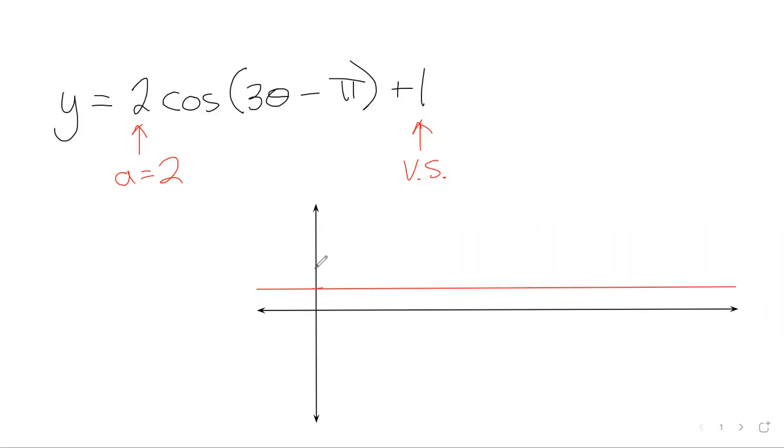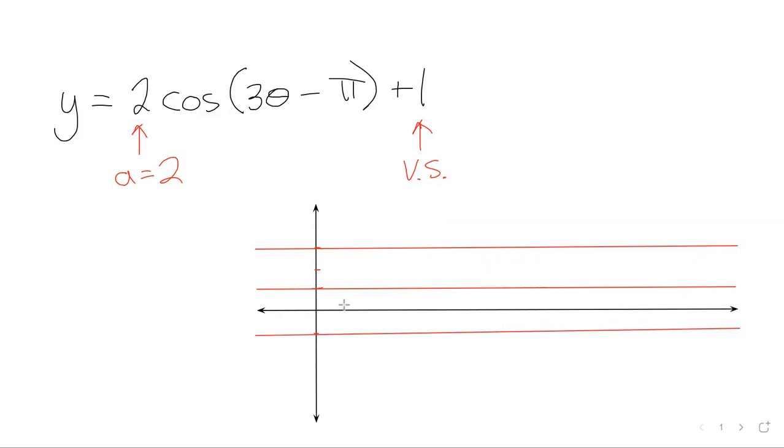From there, the graph is going to go up by 2 because that's the amplitude, and then down by 2. So I'm also going to put in amplitude lines in those spots to represent the highest and the lowest that this graph will go. Okay. So we've got the vertical shift and the amplitude taken care of.